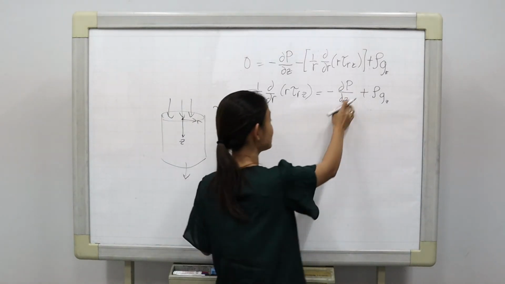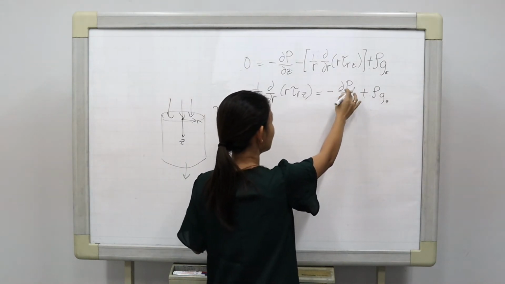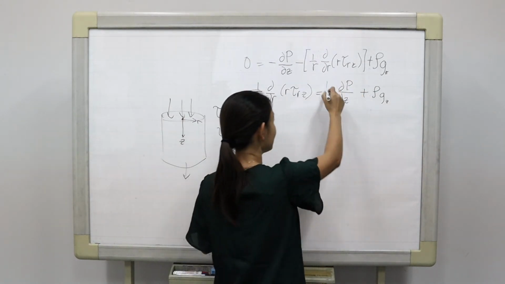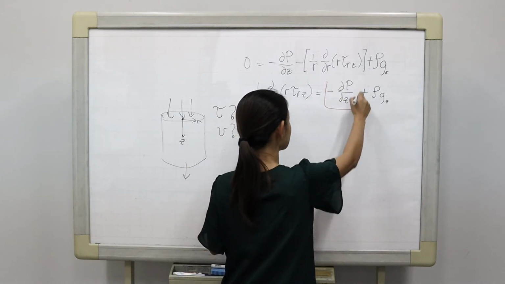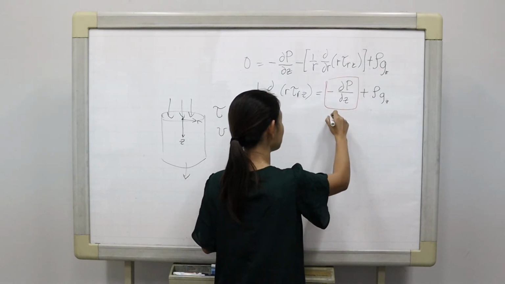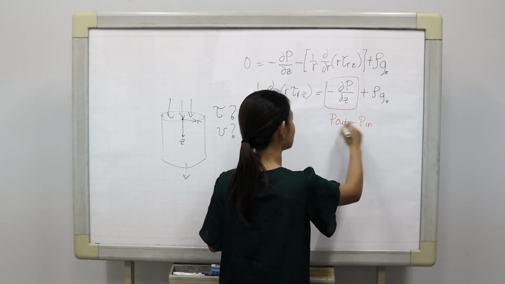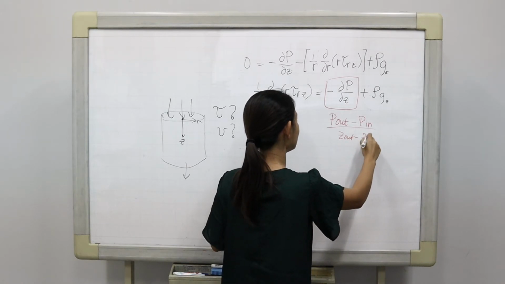Now, if you look at this term, this is the pressure changes over z. So this means pressure out minus pressure in, actually pressure out minus pressure in over Z out minus Z in.